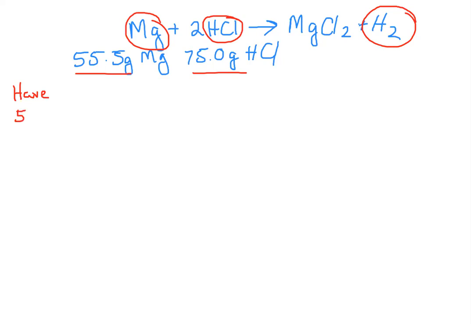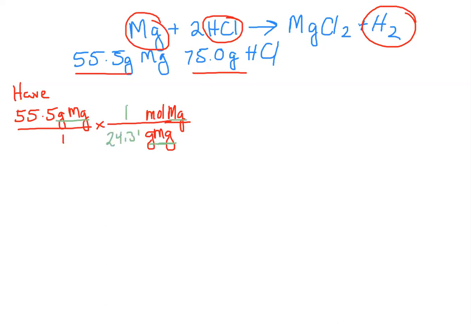We have 55.5 grams of magnesium. So the first thing we always do, if you're given grams, is change it to moles. So that means that grams of magnesium has to go on the bottom. When these match, magnesium and magnesium, a 1 goes here, and we look up the grams from the periodic table, and we get 24.31.